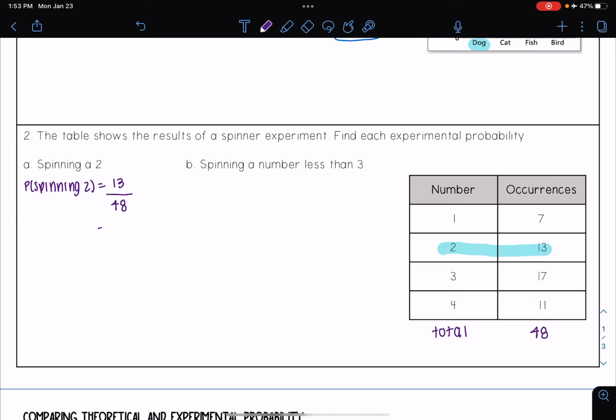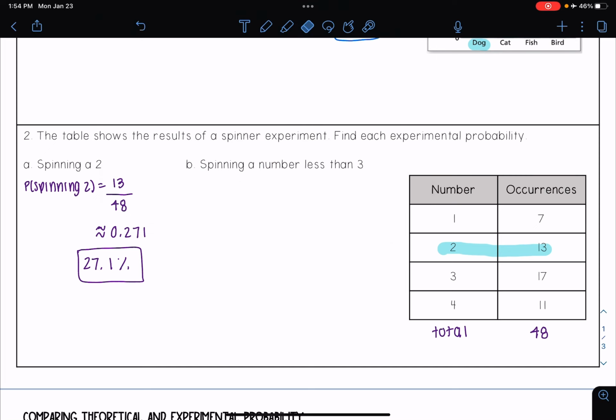So I'm going to have 13 divided by 48. And so when I divide those, I get approximately 0.271. And so that means I have a 27.1% chance of spinning a 2. I'm looking at the experimental probability.